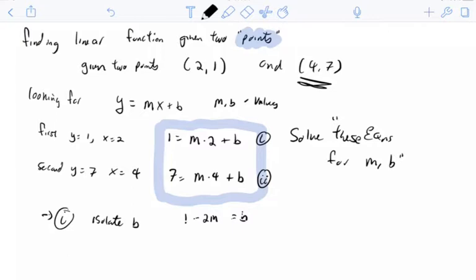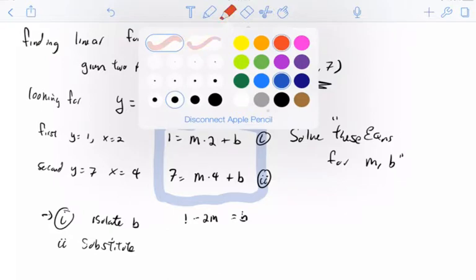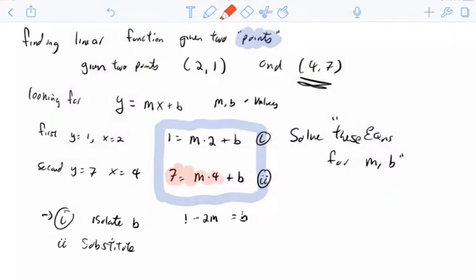Step 2, now I'm going to substitute. I'm going to substitute in this equation for the value of b. 7 is equal to m times 4 plus b. I'm just going to replace the value of b in here with 1 minus 2m.